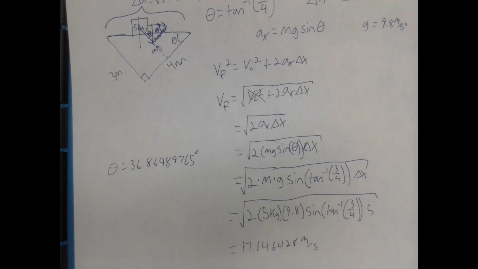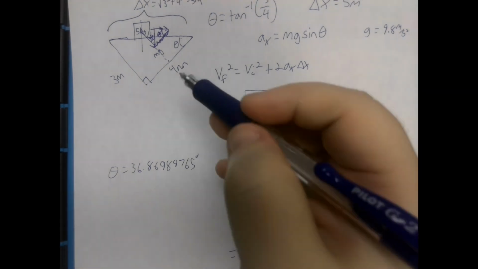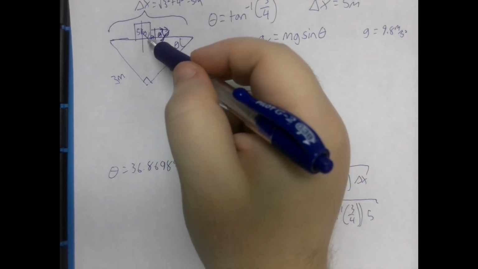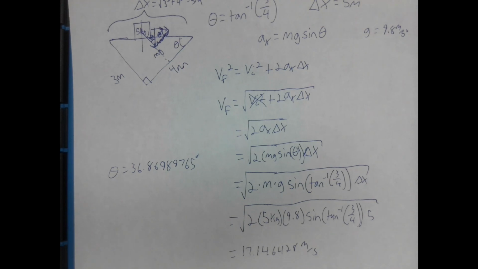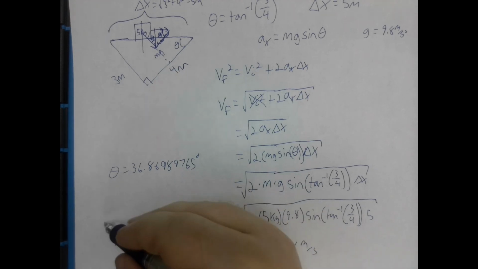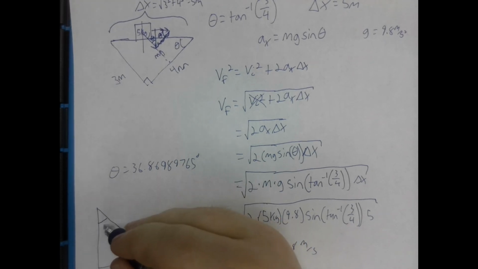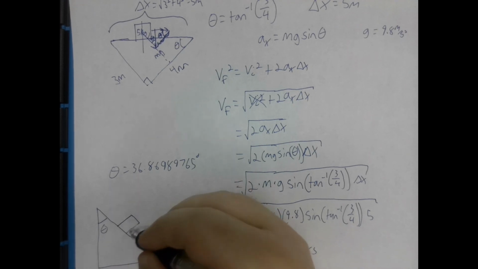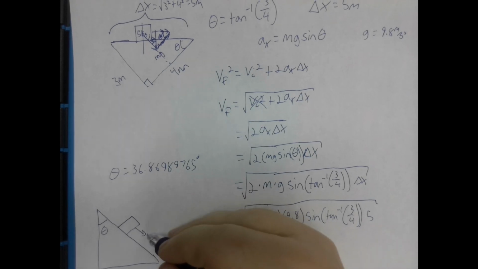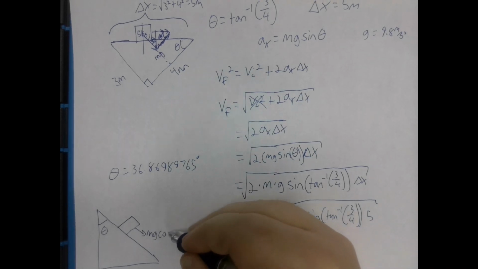But does this make sense? Did you understand why I did sine and how I got this angle and drew this? That's the most difficult part, the geometry. Doing the geometry and figuring out where your theta is. Because, for example, if I did this instead, if I told you this angle, then this would be mg cosine of theta.